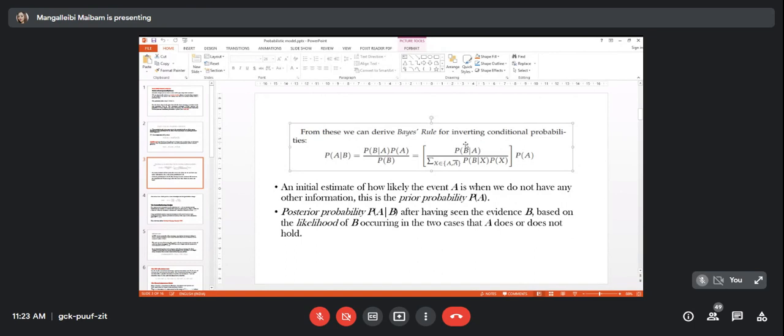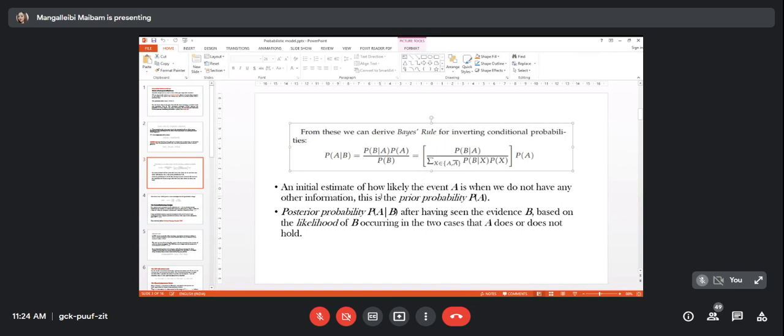Bayes rule: the conditional probability of A given B is given by the conditional probability of B given A multiplied by the probability of A, divided by the probability of B. And this can also be expressed in this formula: the summation over x belonging to event A and complement of A, of probability of B given x multiplied by probability of x. Here we use a variable x.